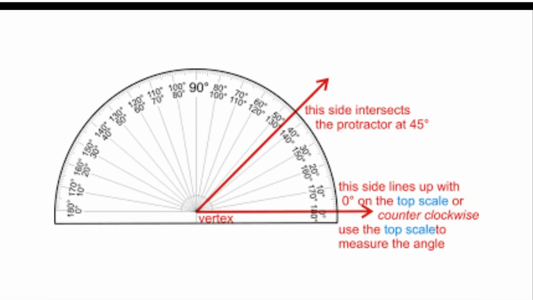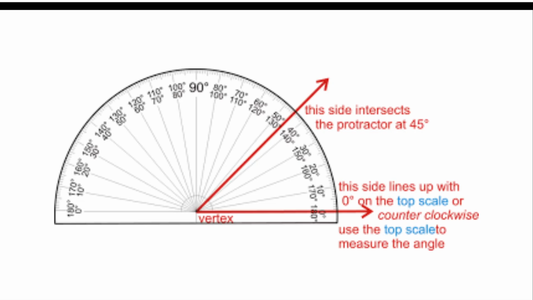Okay, this is a blurry picture, but we just wanted to go over that a vertex is the center or connecting point of your two rays. And whenever you're using a protractor, you would line your vertex up with the center point of your protractor. You would line up the baseline or the bottom ray with the 0 baseline on your protractor.